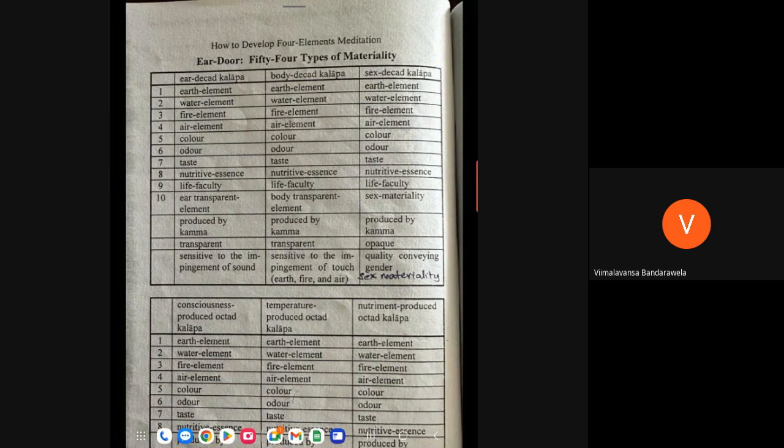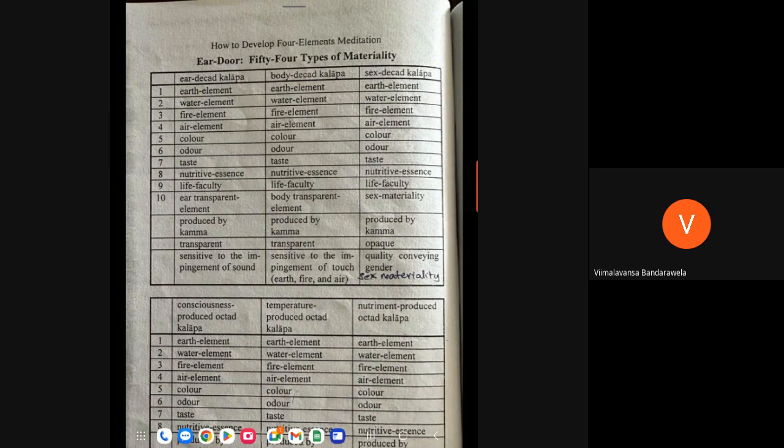Oja, nutritive essence, is the eighth factor. So those 7 types of rupa kalapa you have in the ear door. If you count up, 63 types of materiality, including the Jivita Navaka Kalapa.